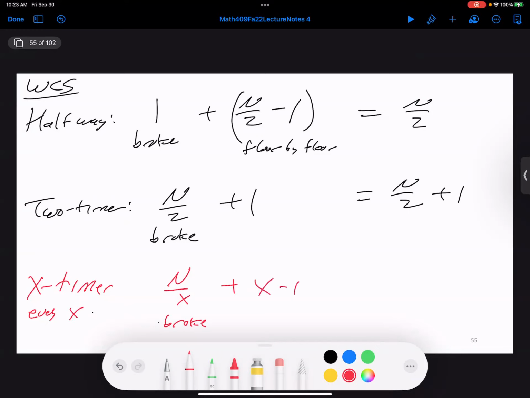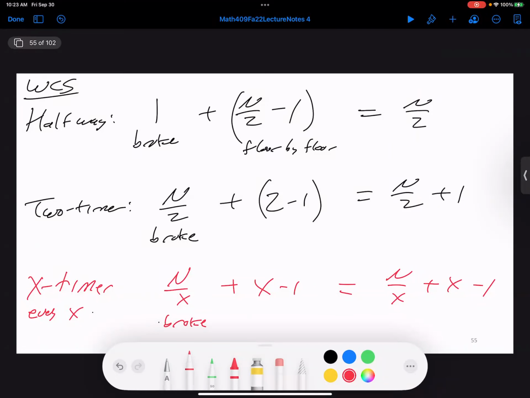And so in fact, what I want to do is rewrite this 1 as 2 minus 1. That's a better way of viewing 1. And so now, this is going to be n over x plus x minus 1. So we've looked at extreme values of x.